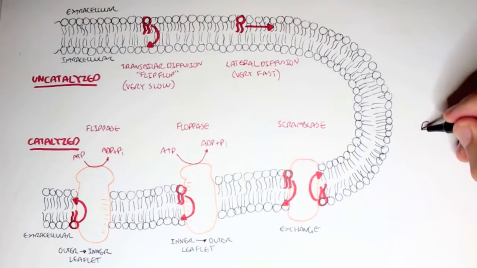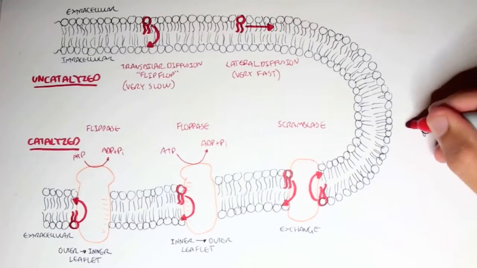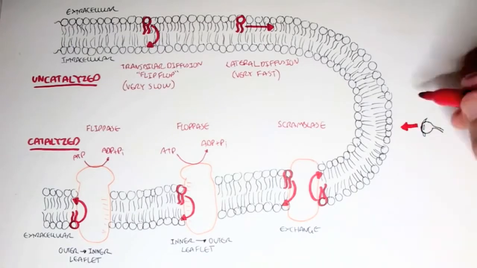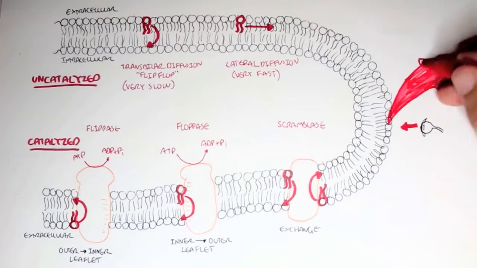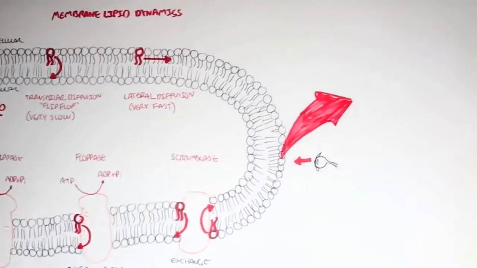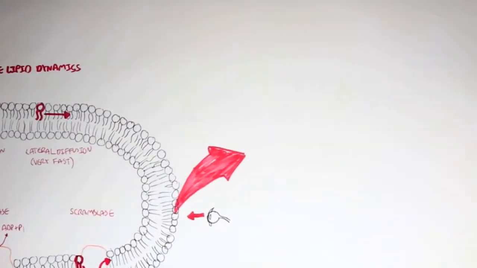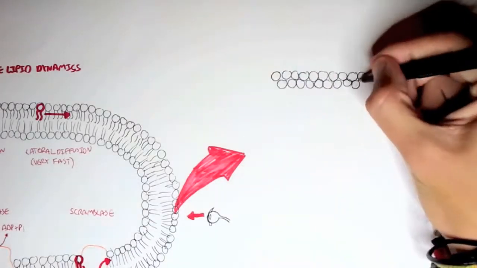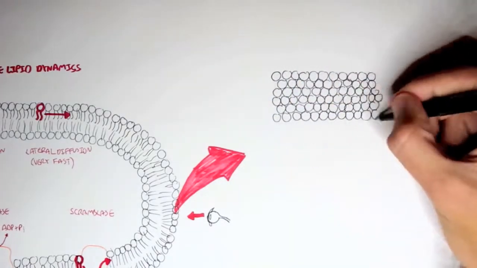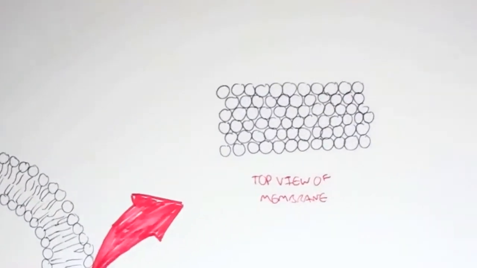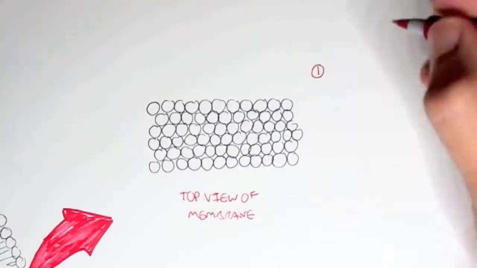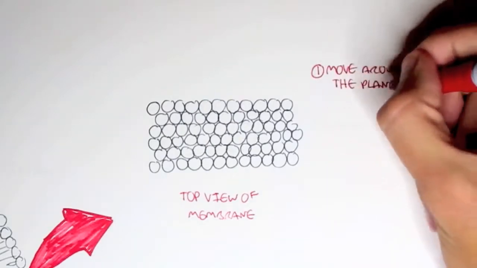Now, there are other types of movements within the membrane structure. If we have a look on the top of a membrane, for example, so like a bird's eye view, and we zoom into this structure, the lipid membrane will look like this from the top view. So here's a top view of the membrane. Now, there are two things I want to point out here. One is that the lipid can move around on the same plane.